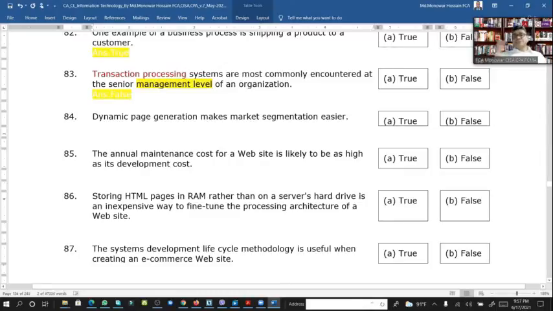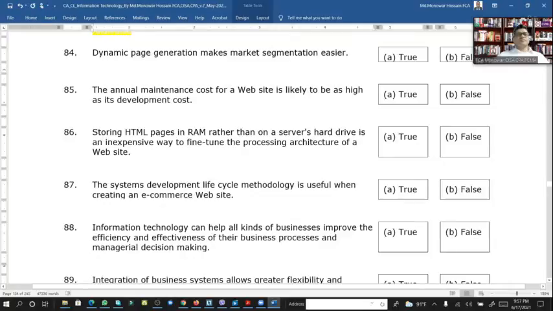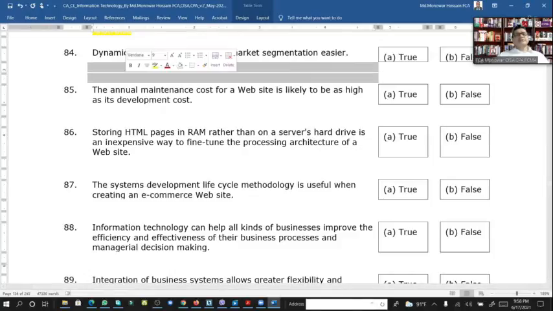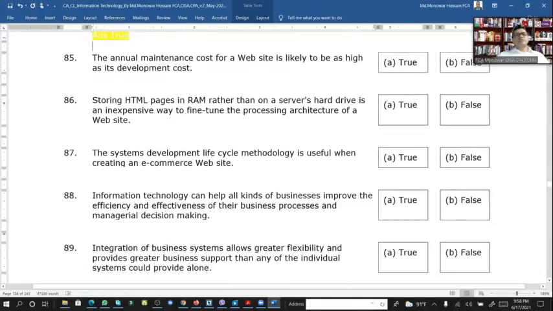Management level does the decision support system, but transaction processing systems work at the lower level. That's why it's false. Dynamic page generation makes market segmentation easier. It is true.